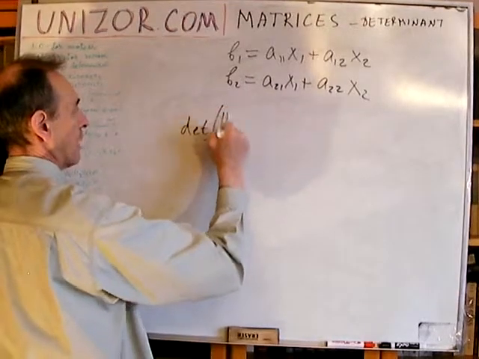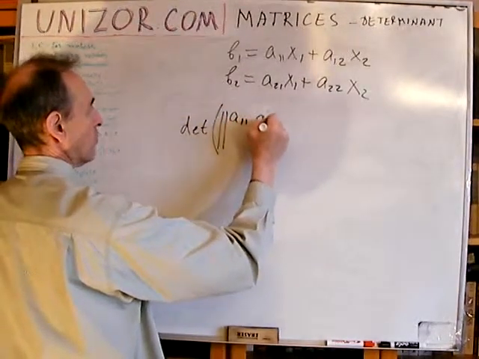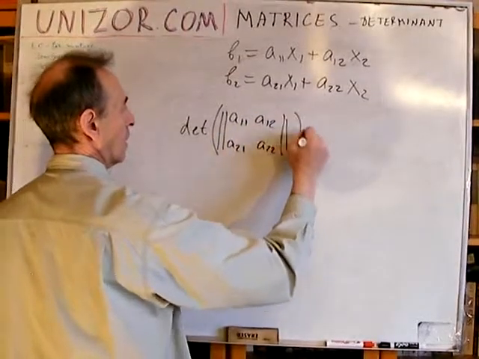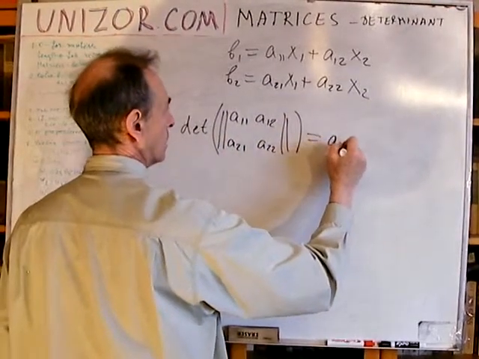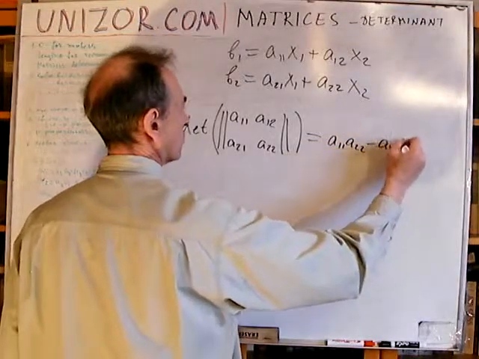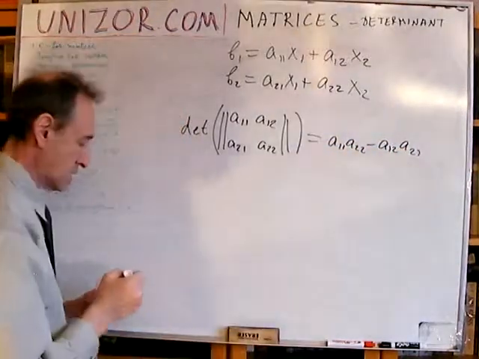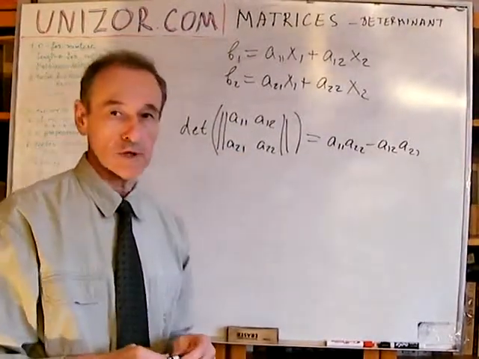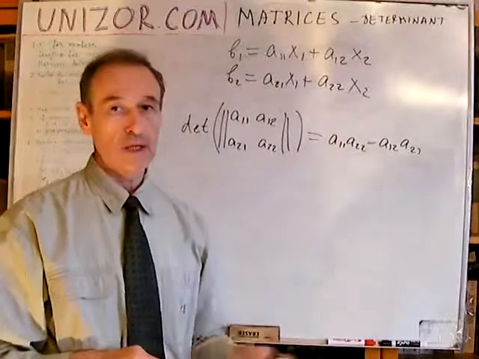Determinant of matrix a11, a12, a21, a22 equals a11 a22 minus a12 a21. So, by definition, this expression for a 2 by 2 matrix is called determinant.